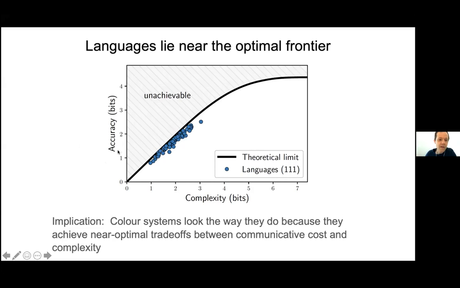Alison asks about the geographical and linguistic distribution of the 110 languages. So Berlin and Kay and Cook deliberately tried to get data from a broad set of language families, and they were focusing on languages from cultures that were relatively untouched by industrialization and these sorts of things.